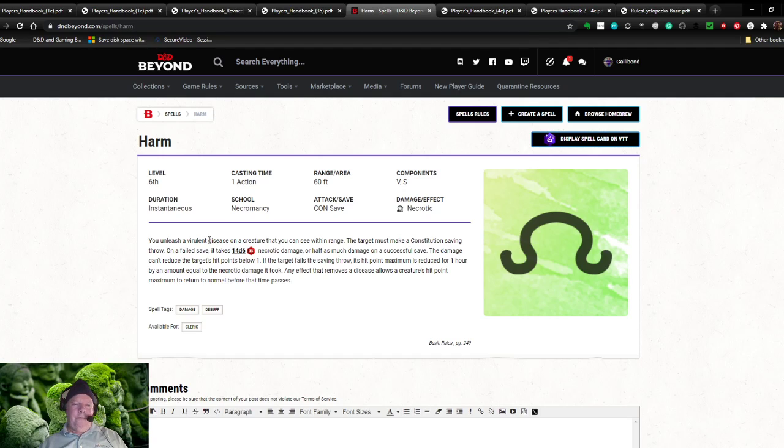The way I would rule it is if you resist disease, you would get advantage on your saving throw. If you resist necrotic damage, then you would just halve whatever the damage total is. That is the way I would rule it as a DM at my table. And then obviously, if you're immune to disease or immune to necrotic, then you don't take any damage, period.